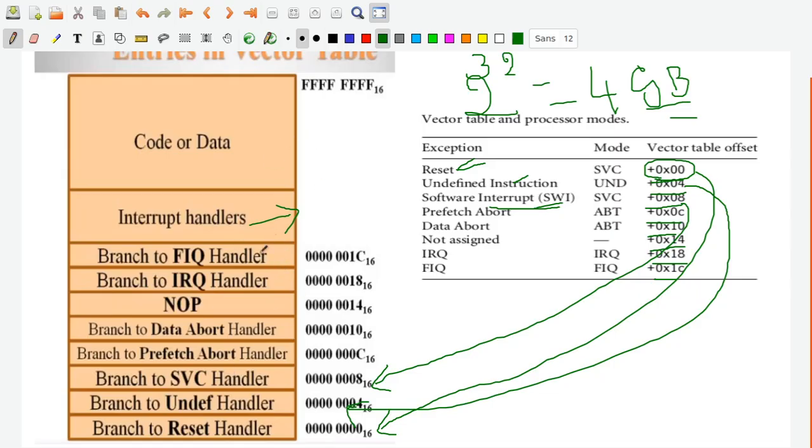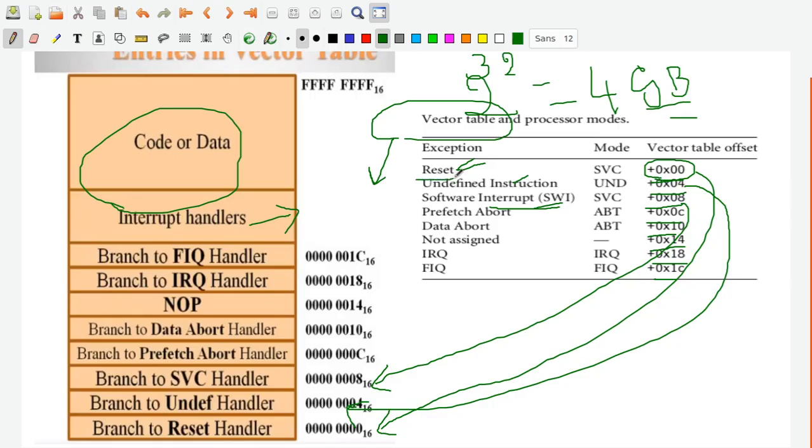See what these handlers are? The handlers are kept here. Of course, we will look into the next slide and you will have a good picture. But one thing you have to understand from this slide is that all the branching instructions for various exceptions are stored at default, predefined addresses. These predefined addresses for the different exceptions are what we call the vector table.